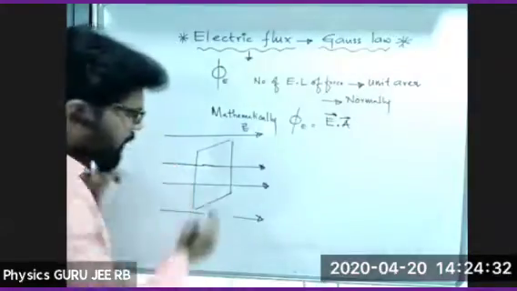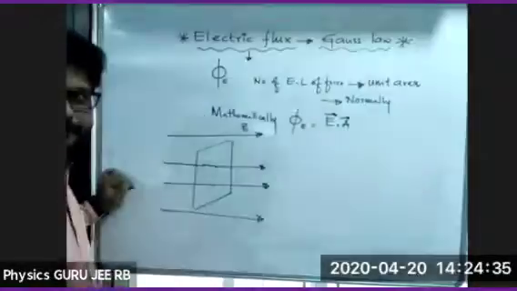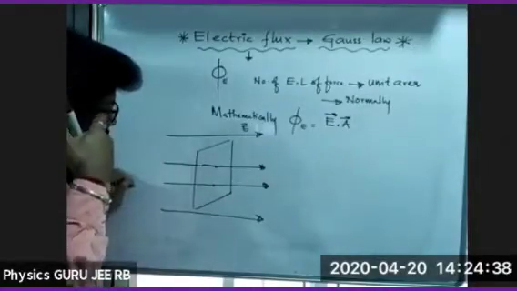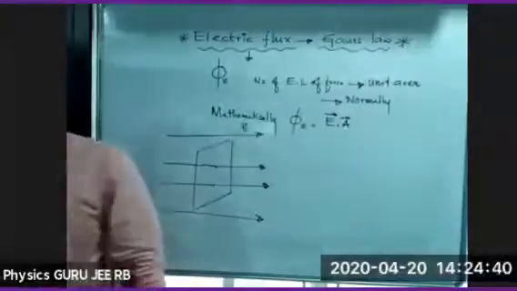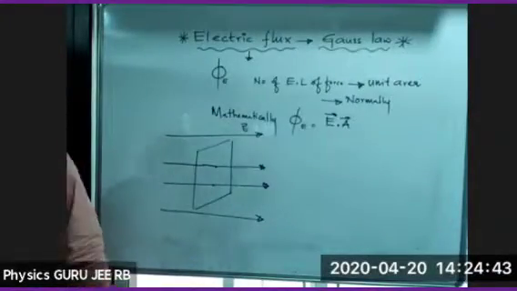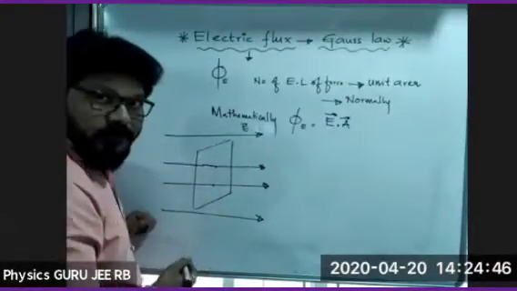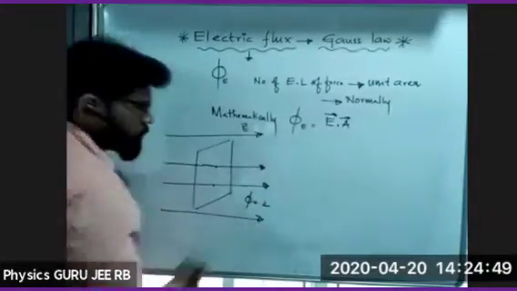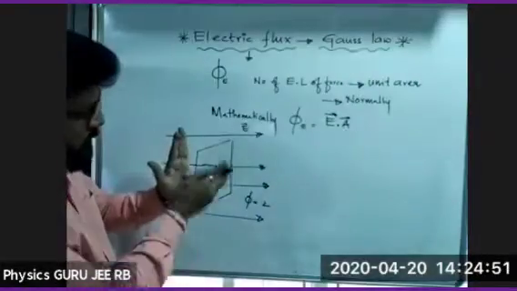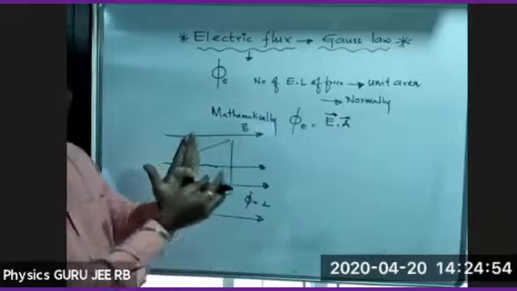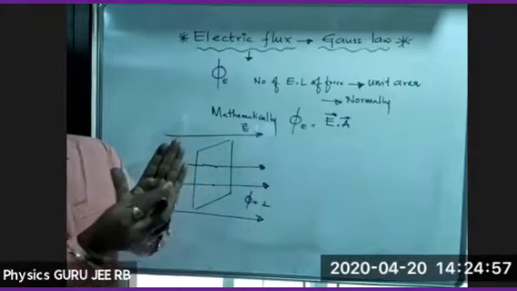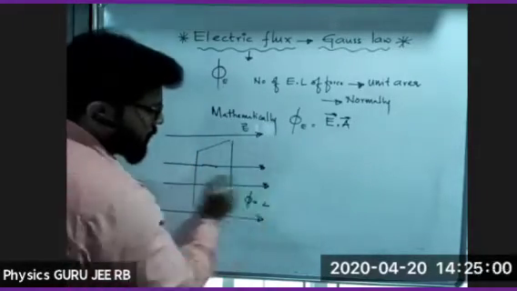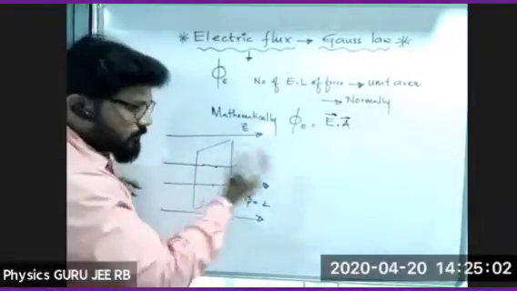How many electric lines are coming out from this area? Only 2 are coming from this one. That means flux is equal to 2. So they're coming outside, so I want to write a unit vector. Direction of the vector is normal to this one. We'll come back to it afterwards.